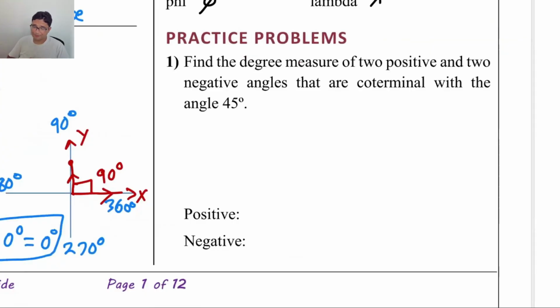Some practice problems now. Find the degree measure of two positive and two negative angles that are coterminal with 45 degrees. At this point, if you have been paying attention to the lecture so far, you might want to pause the video and try to do it yourself before I do.